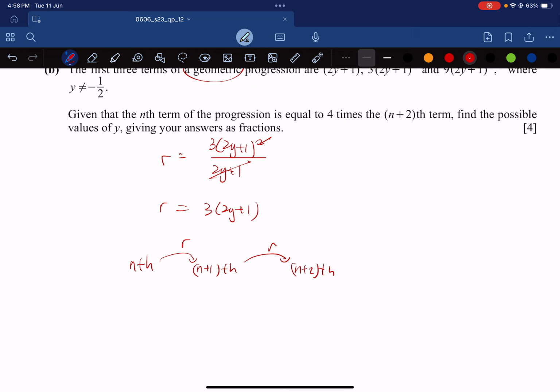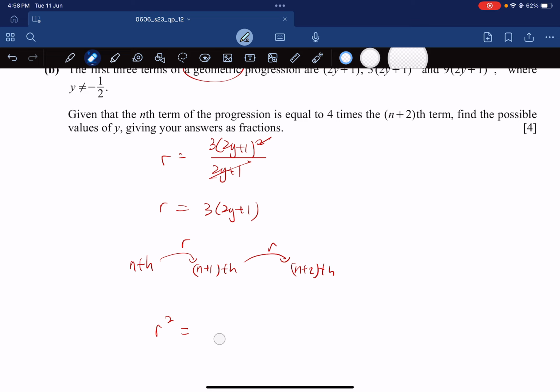That means r squared, right? After you multiply 2 times, this is 1 over 4.